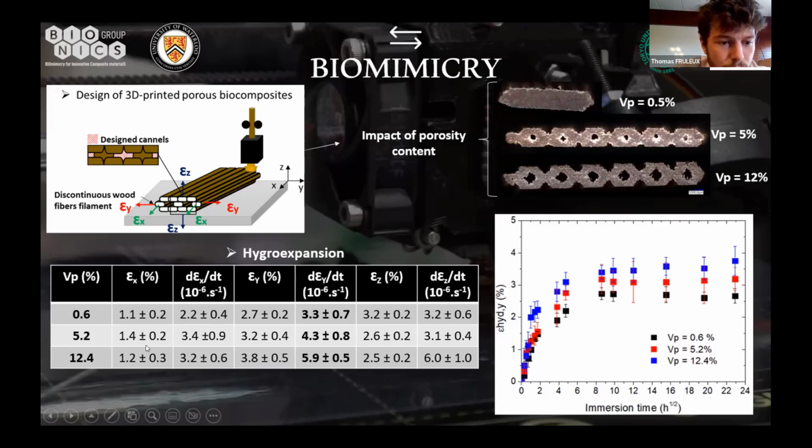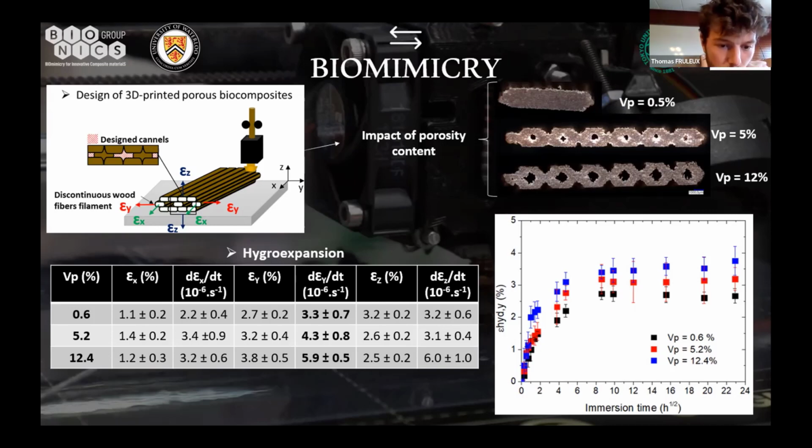So there is a lot of value. You have the amplitude of the expansion regarding the direction that you consider, and also the kinetics of expansion looking at these three directions. The point that we want to highlight here is the difference on this specific parameter, the kinetics of hygroexpansion in the transverse direction, because the transverse expansion is the expansion which governs the motion inside hygromorph biocomposites.